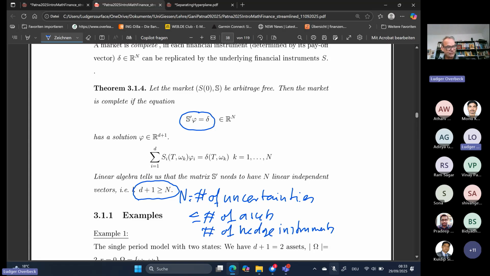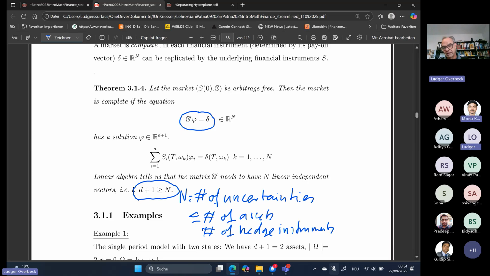Okay, so this was a recap of what we have done yesterday. Other questions? So we have somehow done, on a simple model, as I said, linear algebra, but just to introduce the basic concepts, namely arbitrage-free markets.